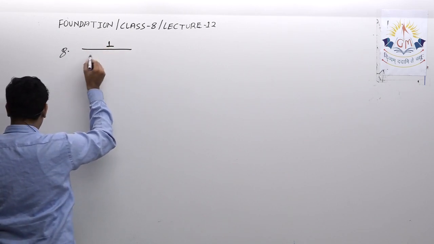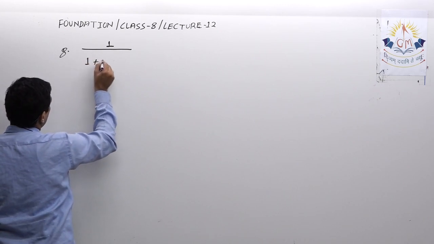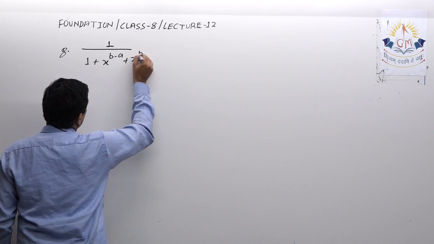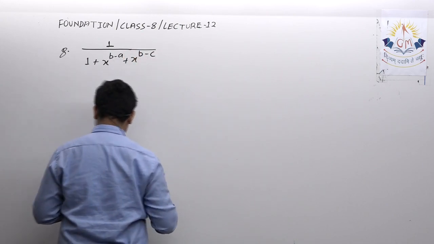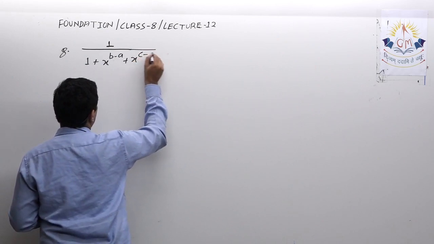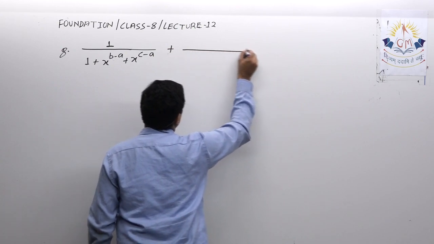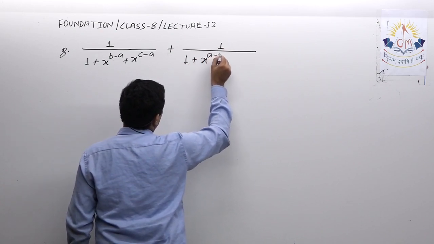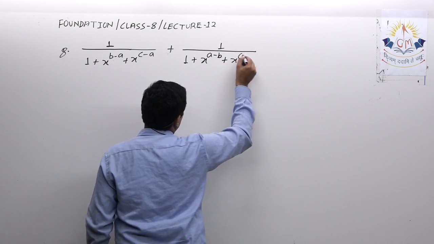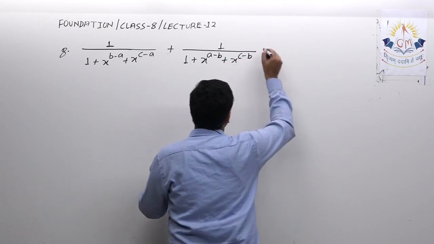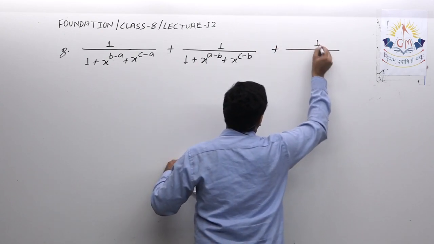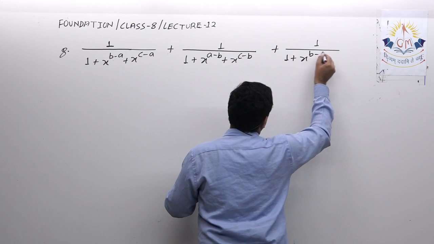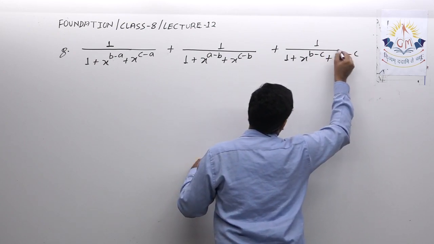So you have to simplify 1 upon 1 plus x raised to b minus a plus x raised to b minus c, b minus a then c minus a, plus 1 upon 1 plus x raised to a minus b plus x raised to c minus b, plus 1 upon 1 plus x raised to b minus c plus x raised to a minus c.